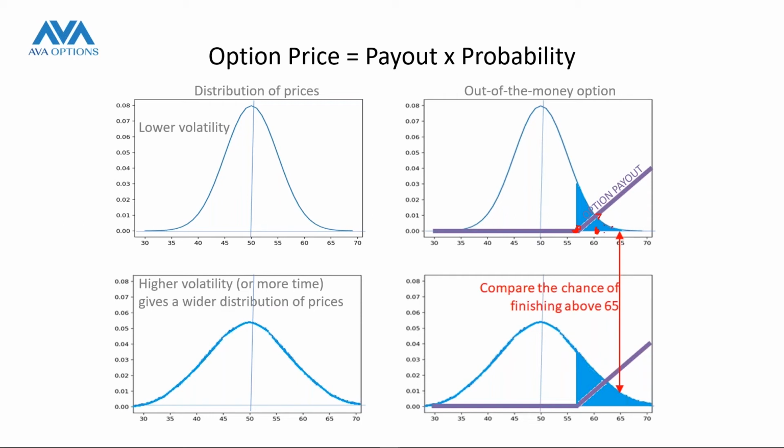The area here in blue are the beans that are falling beyond the strike, and that area basically represents the option's value. If we have a wider distribution like this one, look how much more area we have in blue. What I'm trying to show you is that if we have a higher volatility, we have a higher value for the option, because this area in blue here is so much greater than the area in blue up here.